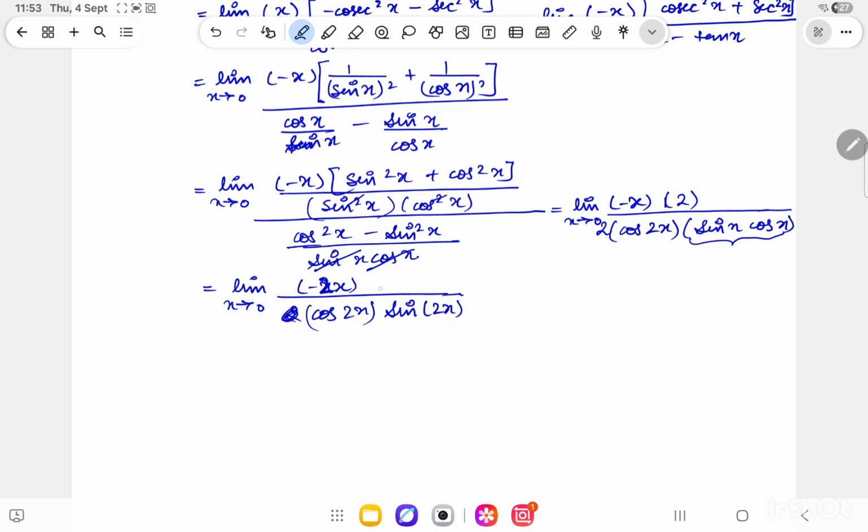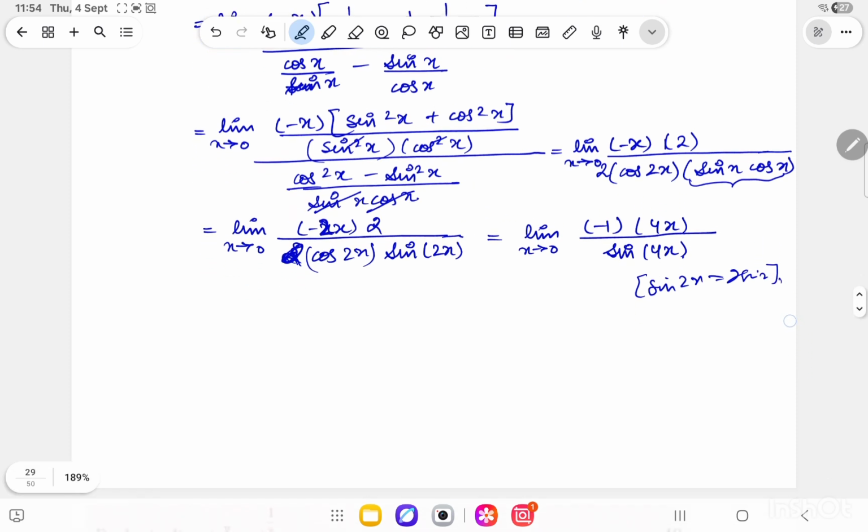Now I can further multiply and divide by 2 so that I'll get the limit as x approaches 0 of minus 1 into 4x upon sin 4x, because sin 2x is 2 sin x cos x, so sin 4x is sin 2x cos 2x.